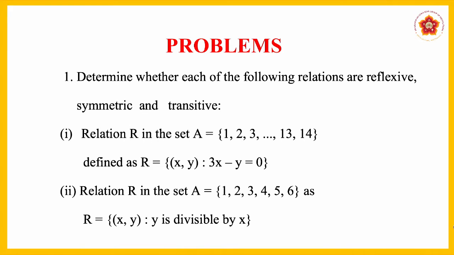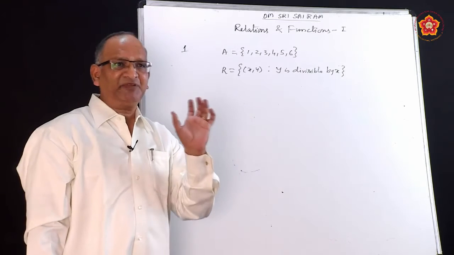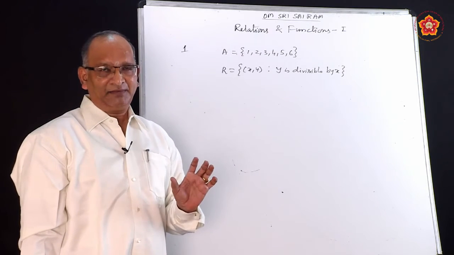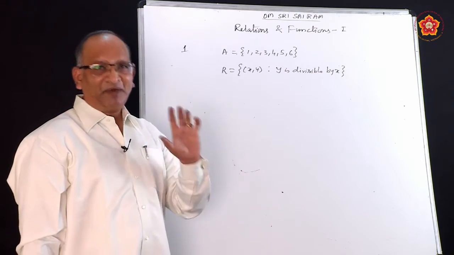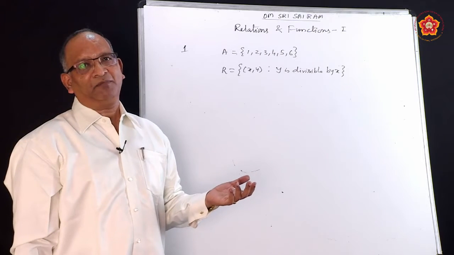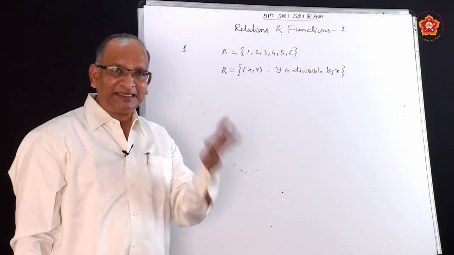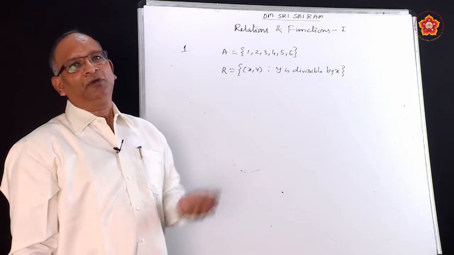Y is divisible by X. Y is divisible by X means every pair which you are going to take, in that pair the second element Y should be divisible by first element. So once again the set is given in set builder form, convert into roster form so that you can see what are the elements and then come to an understanding.